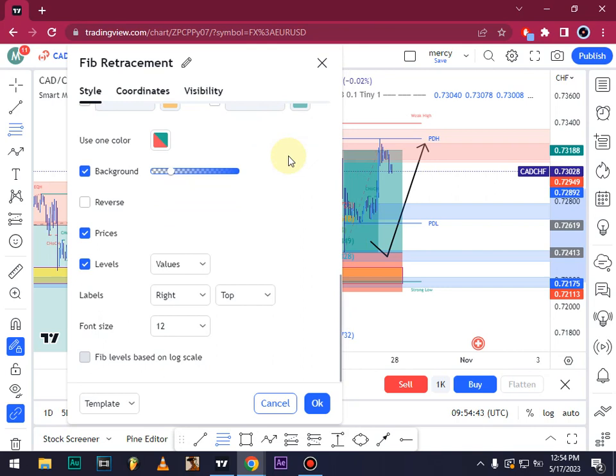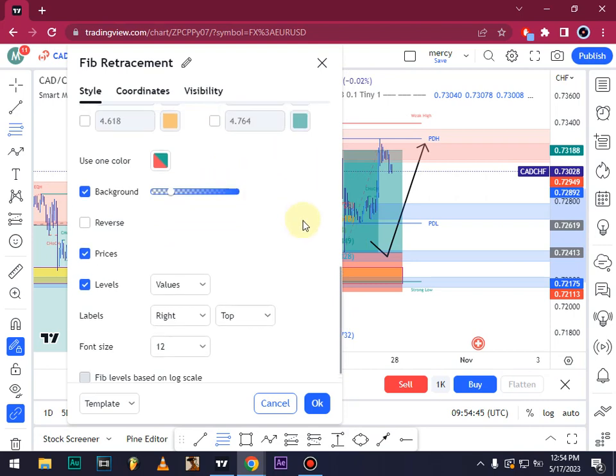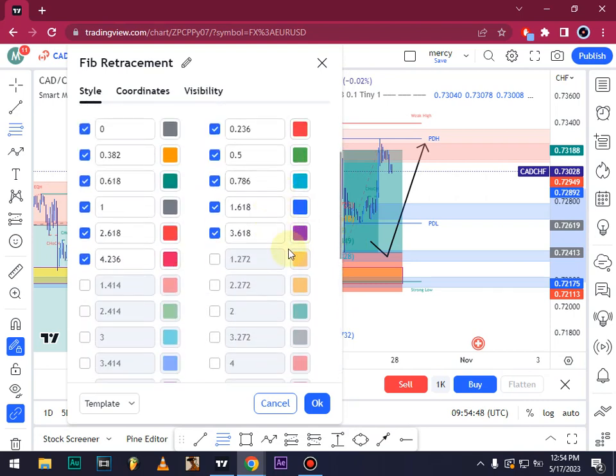We have that. Okay. I need to remove some.